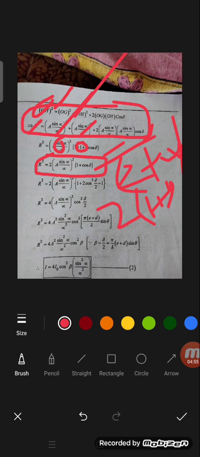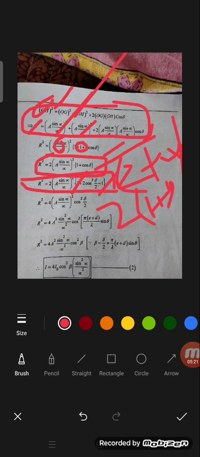Here cos delta is written as 2 cos square delta by 2 minus 1. Then 1 plus 2 cos square delta by 2 minus 1, the plus 1 and minus 1 cancel. Then 2 into 2 is 4.